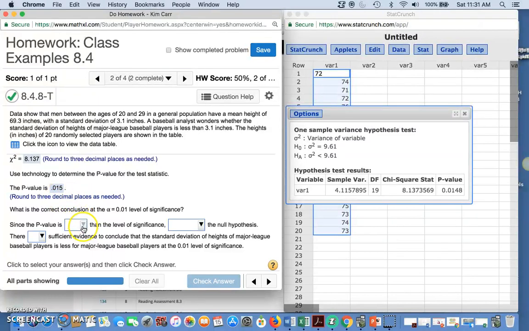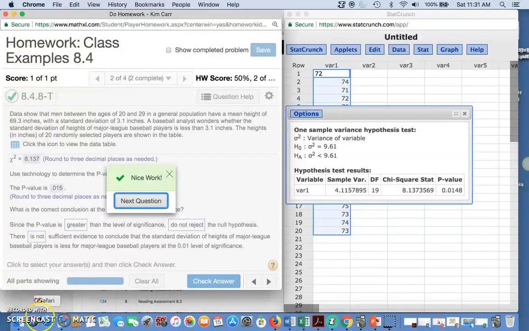Even though they're both very small, the p-value is still greater than the significance level. So therefore, we do not reject. There is not sufficient evidence. All right.